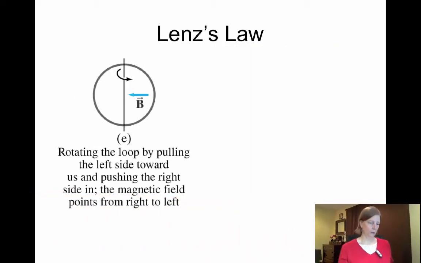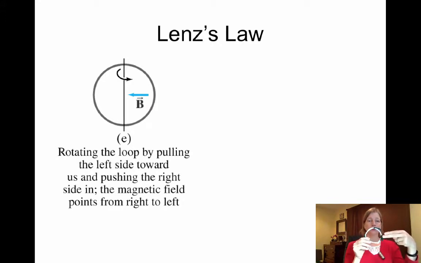All right, let's do one more. Here, we rotate the loop of wire: we pull the left side towards us and push the right side in. What's going to happen? All right, so we start out with a magnetic field going to the left, and we're rotating the loop of wire. So we're going to have a change in flux. We're changing that theta value.